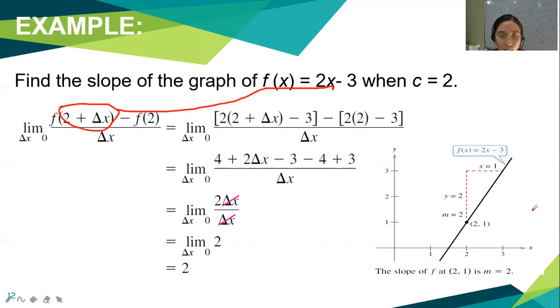So simplify, combine like terms: 4 minus 3 minus 4 plus 3 cancel out. So we have 2 delta x over delta x. The delta x cancels, so we have the limit of 2 as delta x approaches 0. So the answer is 2. Okay?